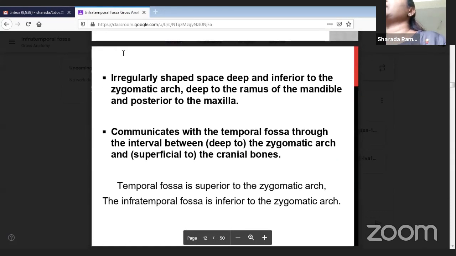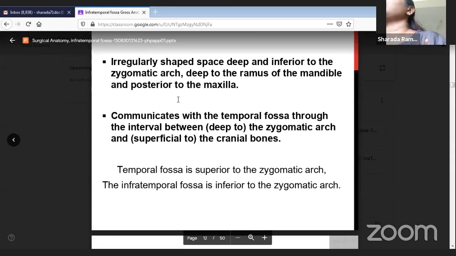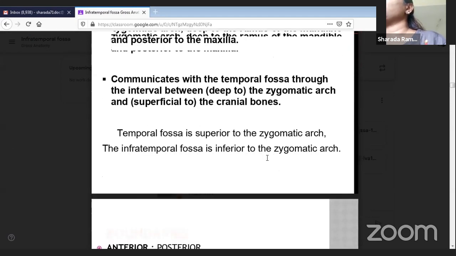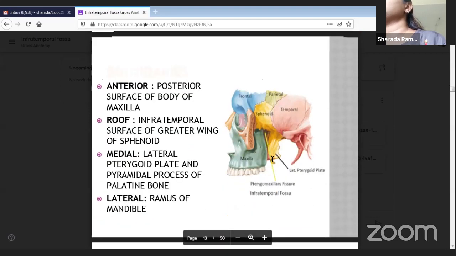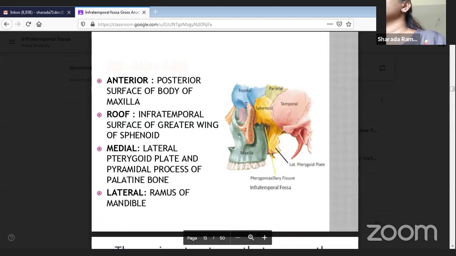Now it is going to be an irregularly shaped space, and it has some boundaries. So we'll first look at the boundaries. When you see this lateral part of the skull, this small area will be covered by the zygomatic arch. Anything below that zygomatic arch, we call the infratemporal fossa.